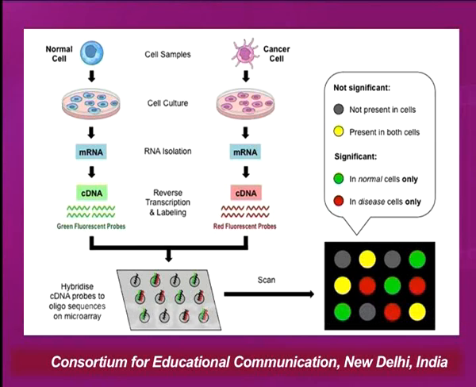Suppose we are performing an experiment comparing a normal cell with a cancer cell, studying gene expression and trying to compare the gene expression in a normal cell with that of a cancer cell.